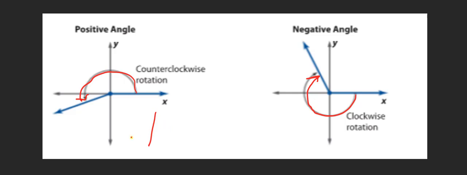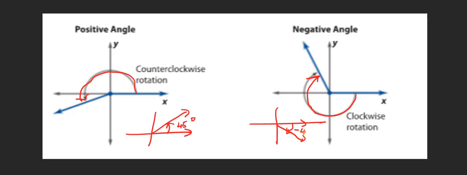So for example, let's say you have the initial side and this is the terminal side, that will be positive 45 degrees. But when this is the initial and this is the terminal, going clockwise, we could call this negative 45 degrees.